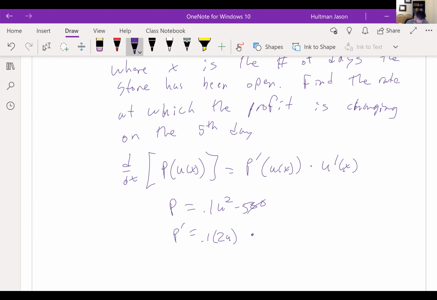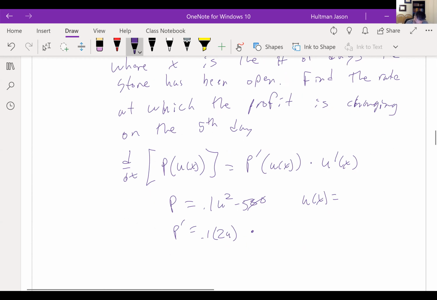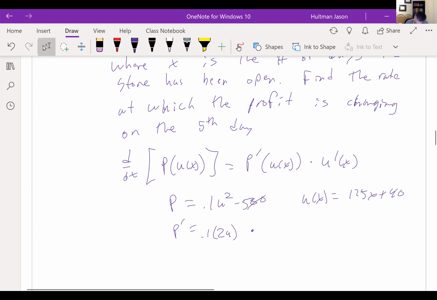Times u prime of x. Well, what was u of x? U of x was equal to 125x plus 40. So what's the derivative of u? What's u prime? Well, that's just 125. So this is times 125. So P prime of u of x is equal to, okay, it's the derivative of the whole thing.